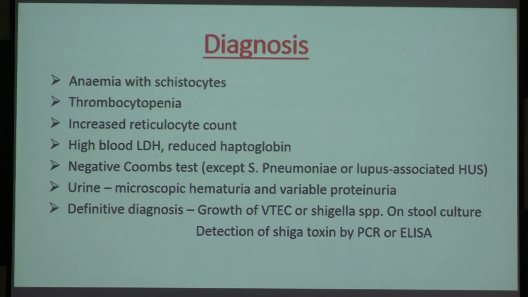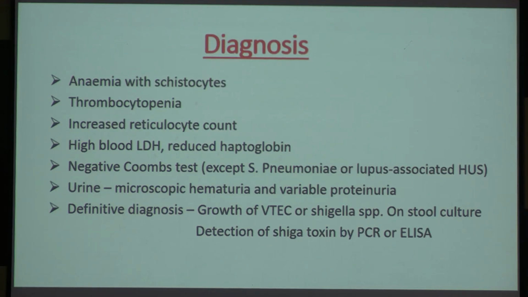Blood LDH, lactate dehydrogenase, will be high, haptoglobin will be reduced, and Coombs test will be negative, except in Streptococcus pneumoniae or lupus associated HUS. So, again it is important for MCQ. In Streptococcus pneumoniae and lupus associated HUS, Coombs test will be positive.